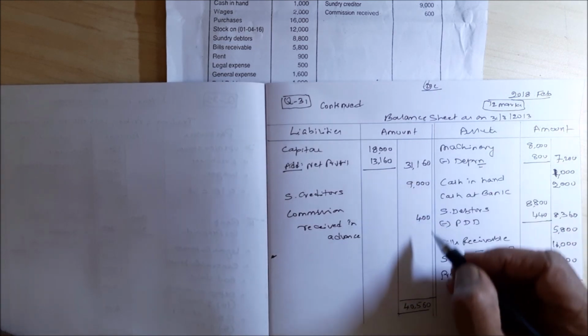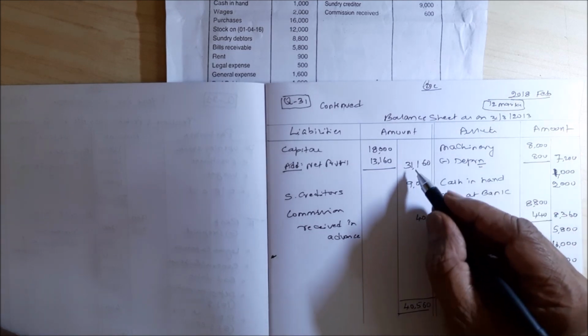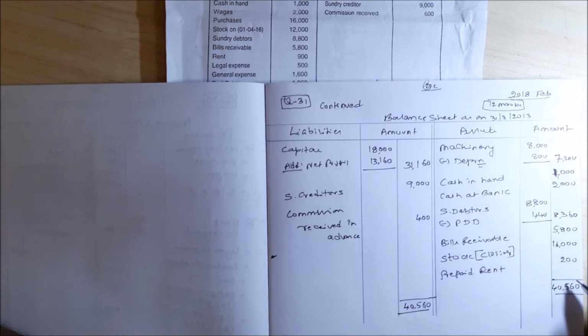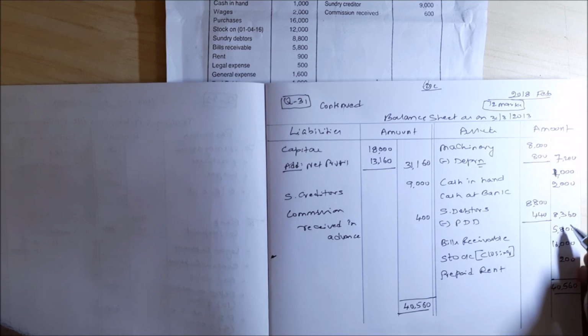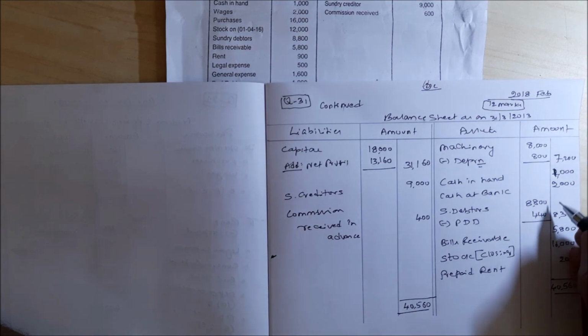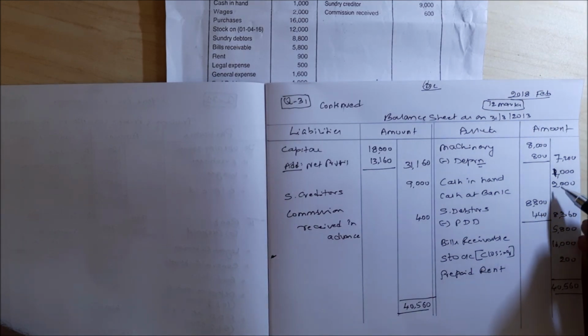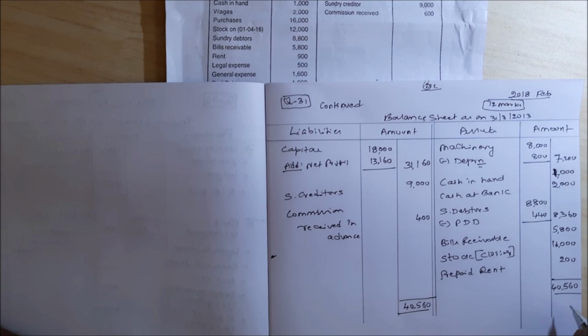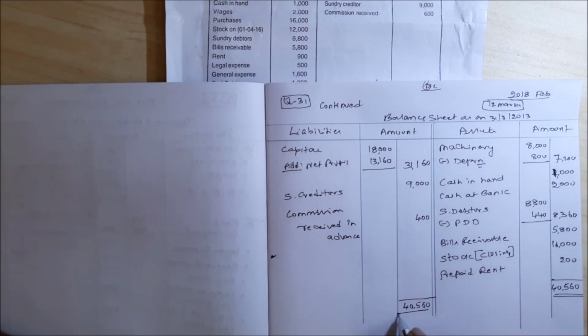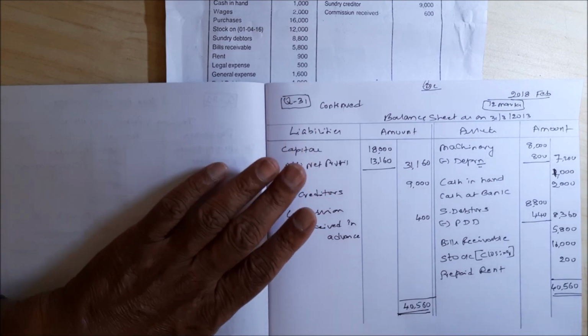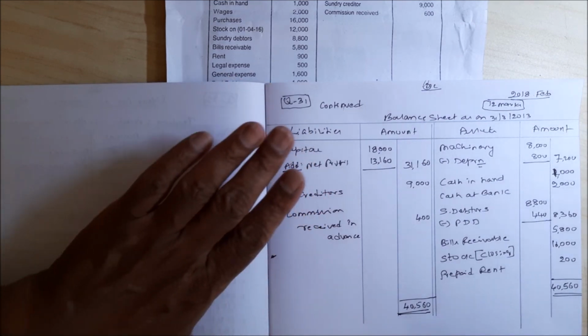Adding: 0, 6, 10, 13, 5, 7 plus 5 is 12, 20. 20 plus 8 is 30. It is 40,560.